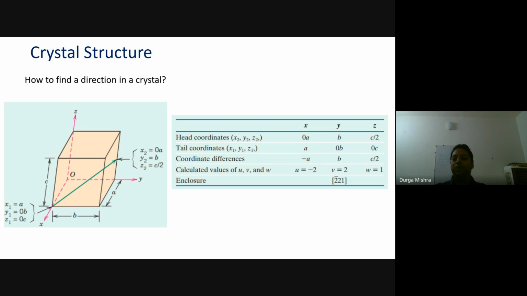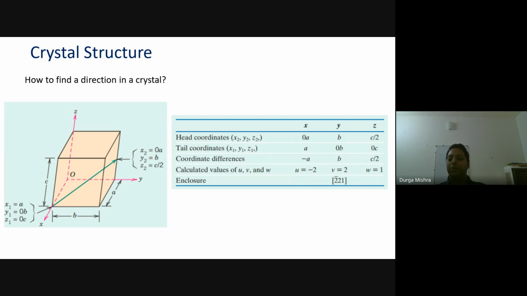Next you have to multiply with a number so that you make everything an integer, not any fraction. To make everything integer, we have to multiply by a factor 2. If you do that, what you get is minus 2, 2 and 1.